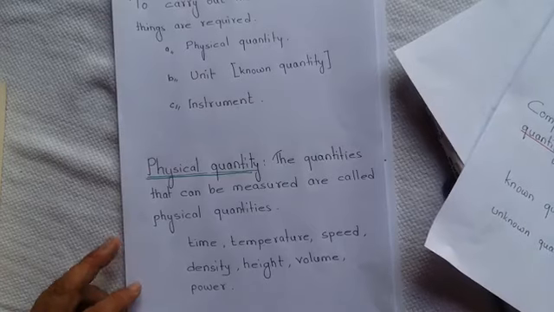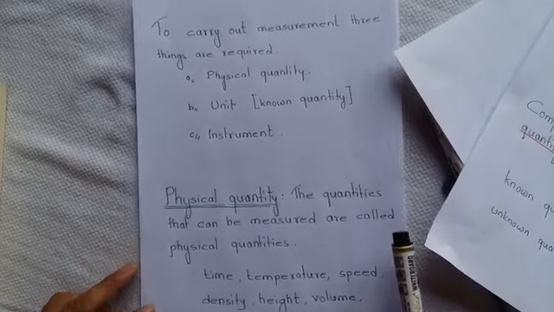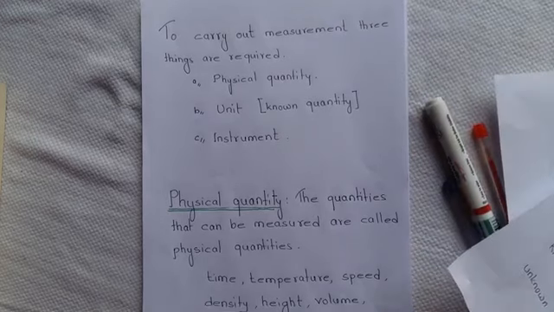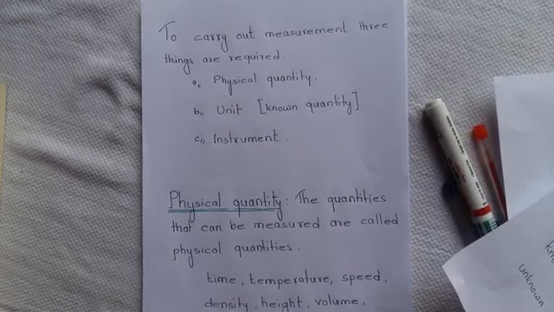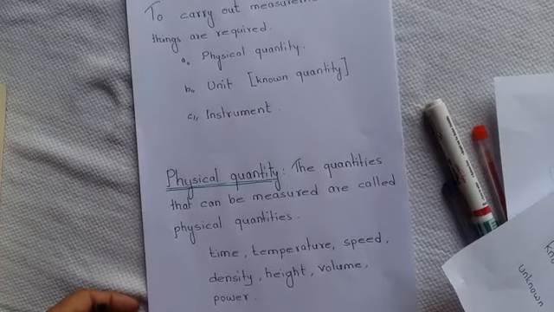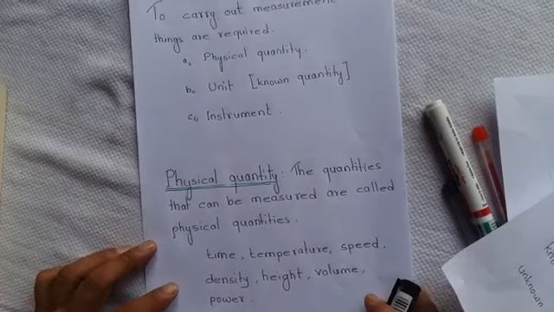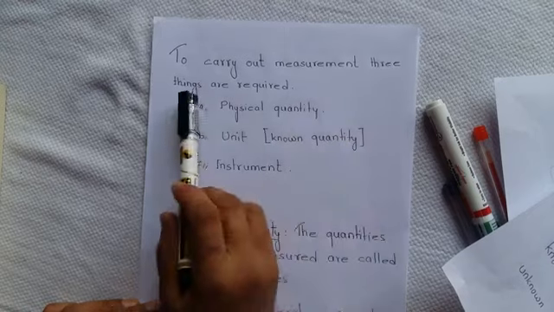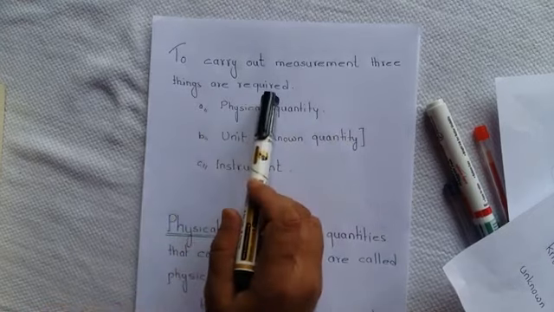Let's see the next part. The next part says, to carry out measurement, 3 things are required. So if you want to measure something, you need 3 things.